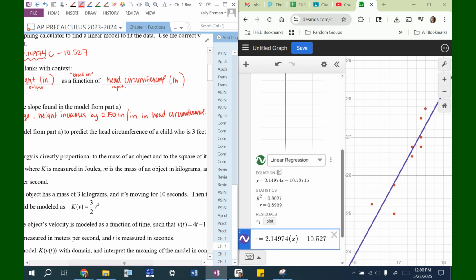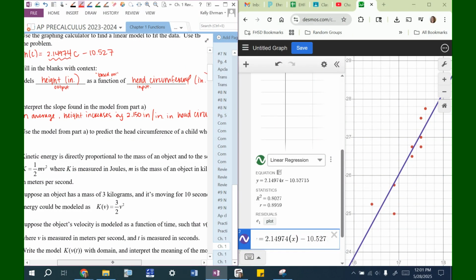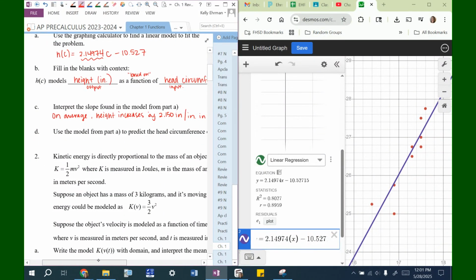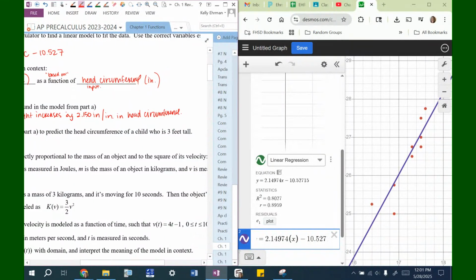So for every extra inch you get on your head circumference, we are predicting that you will be 2.15 inches taller.